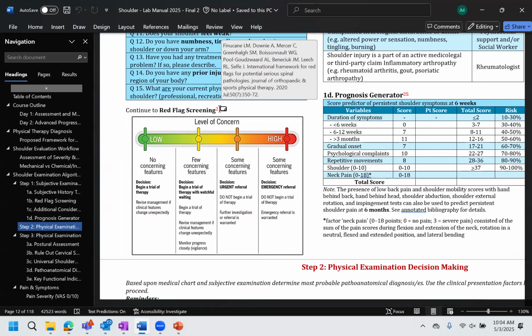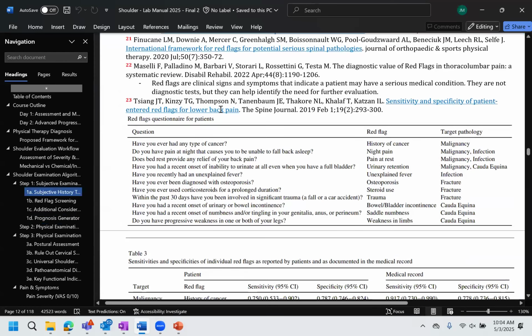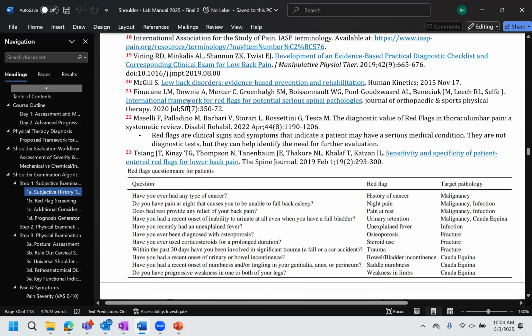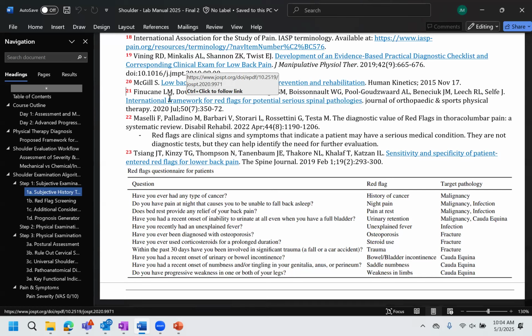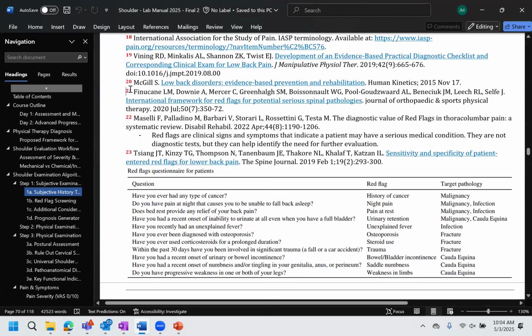So if you're going through this and you're like, I have no idea where that comes from, and you double click on it, it should take you immediately to your references at the bottom to the hyperlink. Because the annotated bibliography makes up 50 pages, which is over half of the manual that you have in front of you.